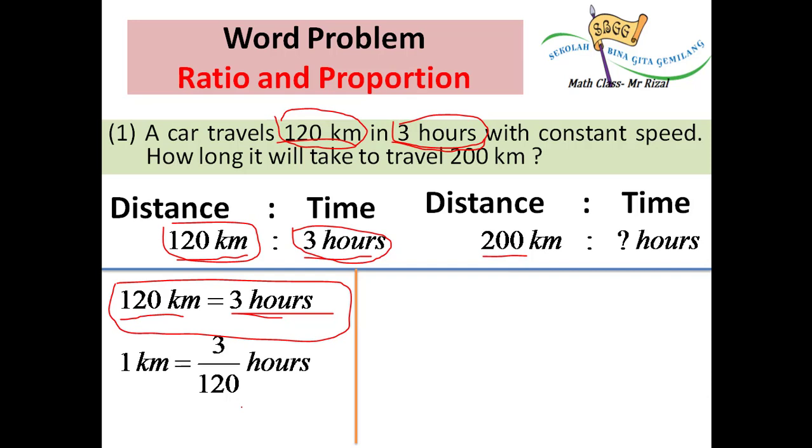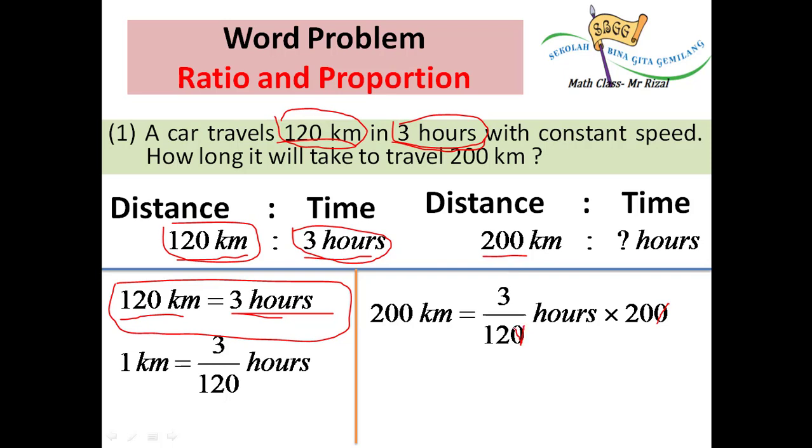Okay, we continue. So if 1 kilometer is 3 out of 120 hours, how about 200 kilometers? You just need to multiply it. If you multiply 3 out of 120 times 200, you just multiply first. Usually I ask you to cross out the zero, right?